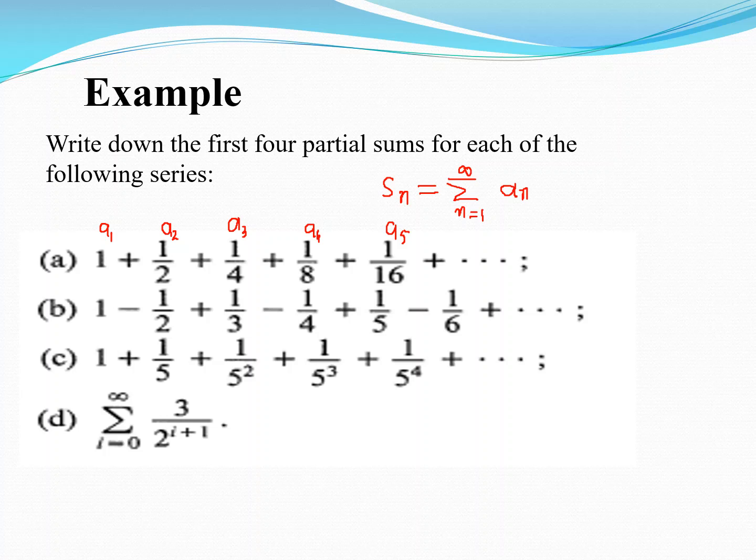In part B, we have 1 as A1 and minus 1 by 2 as A2, plus 1 by 3 as A3, minus 1 by 4 as A4, and so on.